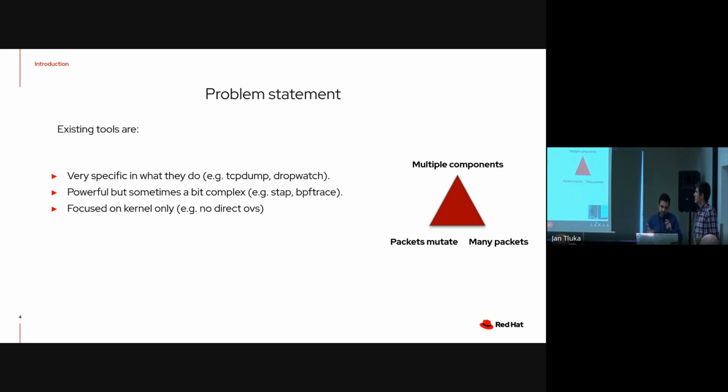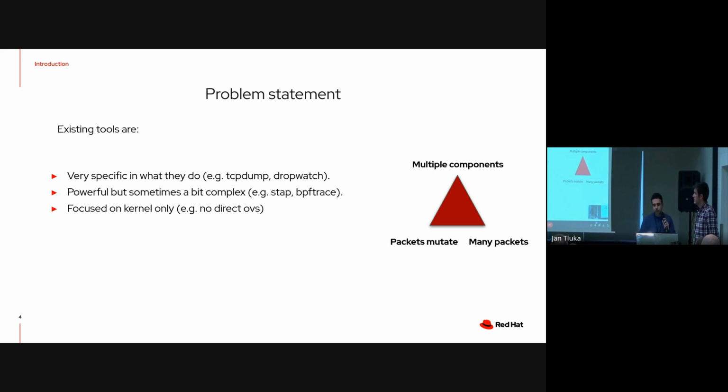Also, last but not least, packets mutate. So if you see a single packet at a specific point of the packet path, this might not be the same as at a later point of the kernel stack. And existing tools are great, but sometimes are very specific in what they do.